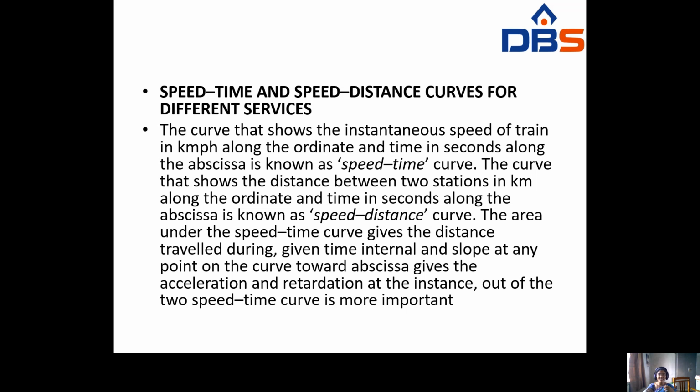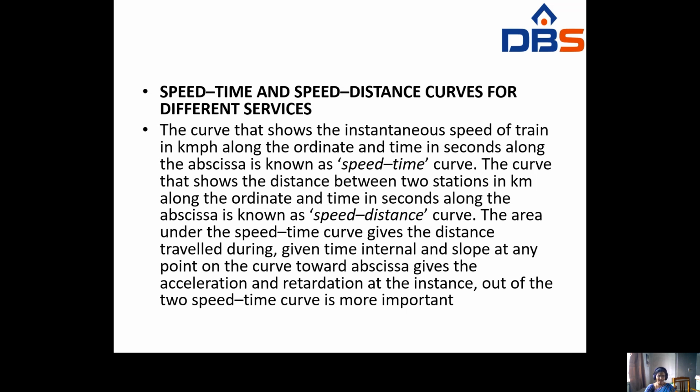The curve that shows the instantaneous speed of the train in kilometers per hour against time in seconds, with time taken along the x-axis, is known as the speed-time curve. Similarly, the curve between distance in kilometers and time in seconds is the speed-distance curve.